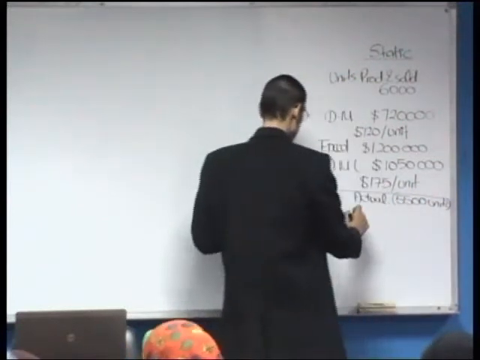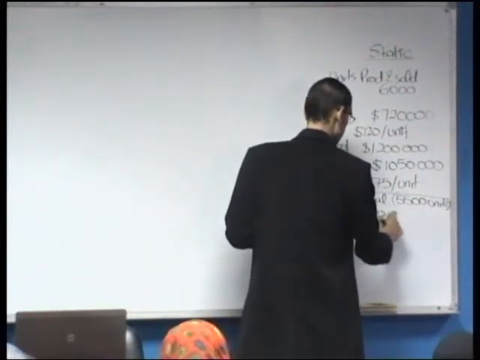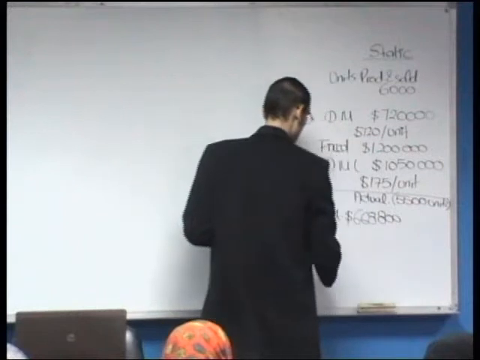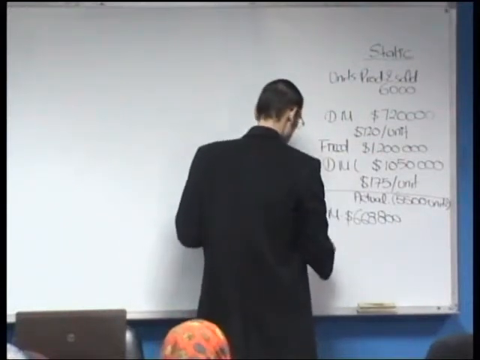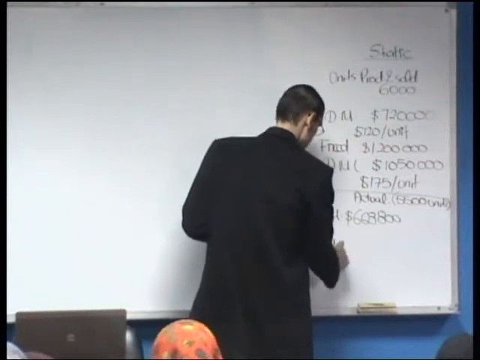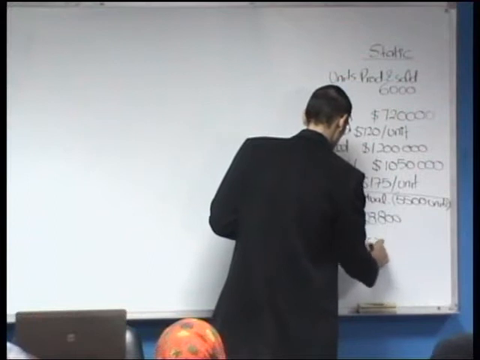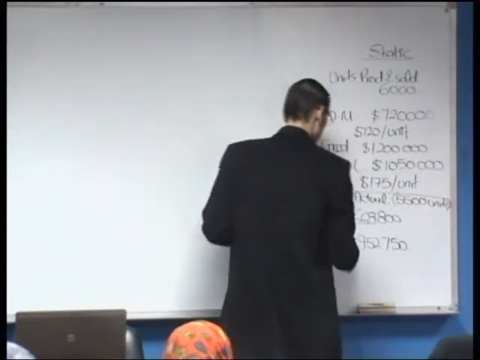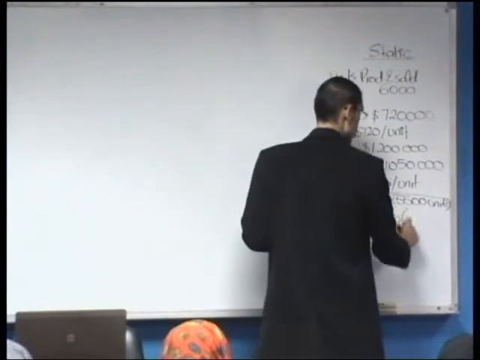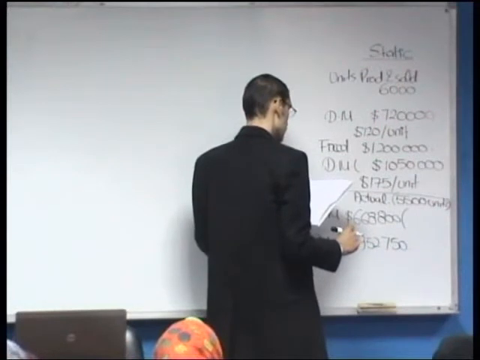The direct material is 668,800. And the direct manufacturing labor, 952,750. Of course, the direct materials is according to the actual cost of how much?